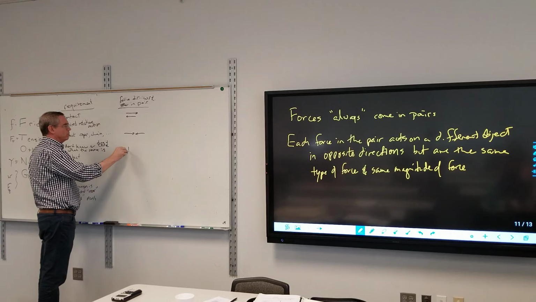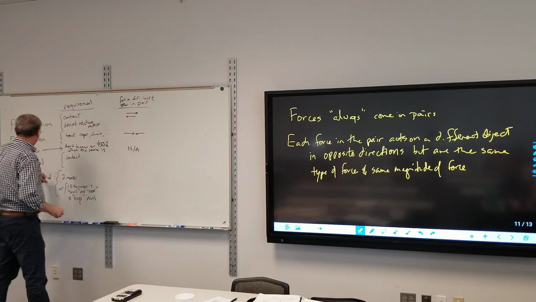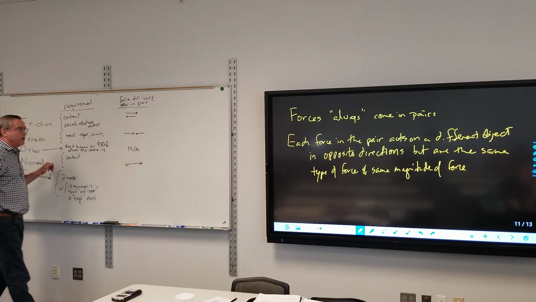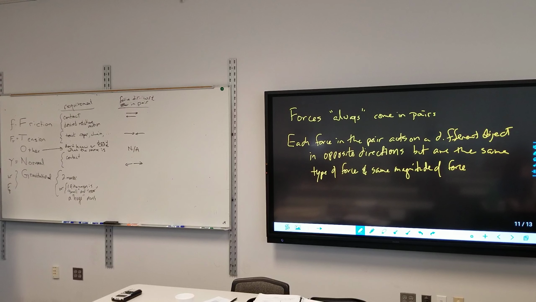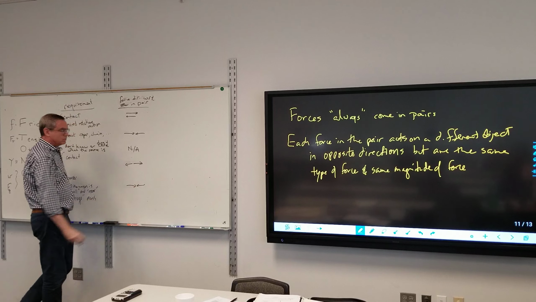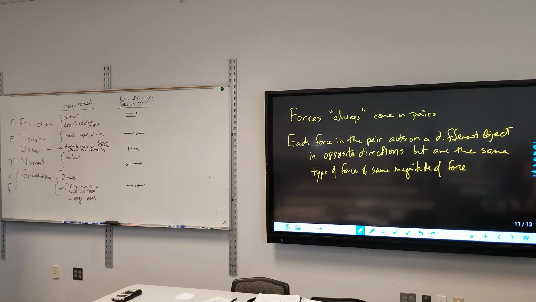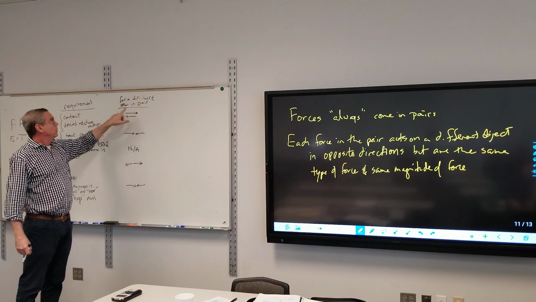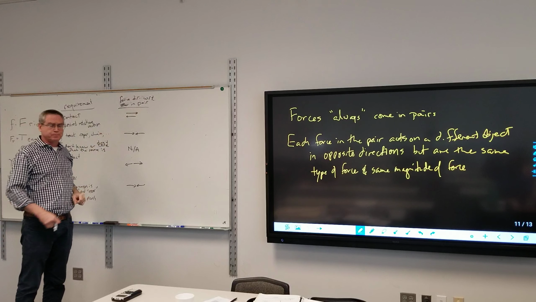Well, there's no pair, so I guess not applicable. The normal force will always point away from each other. And gravitational force always points towards each other. Yes, Riley? What does it say at the top there? Force direction with respect to other in pair. Okay.